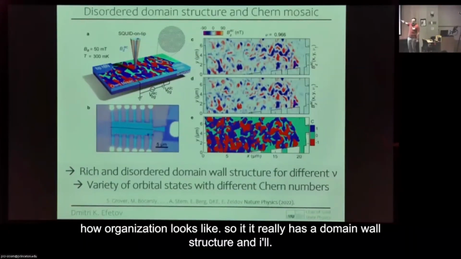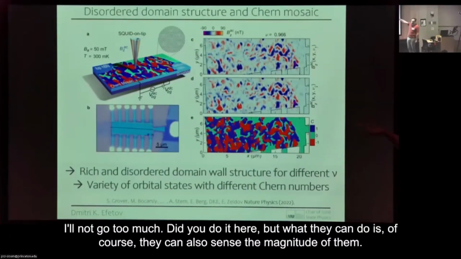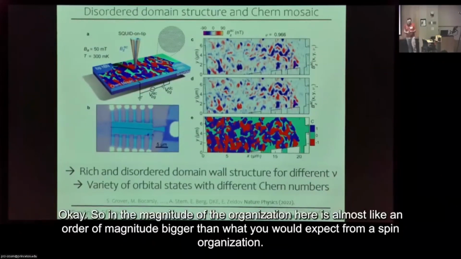It has a domain wall structure, and I will not go too much into detail here. But they can also sense the magnitude of the magnetization. The magnitude here is almost an order of magnitude bigger than what you would expect from a spin magnetization.